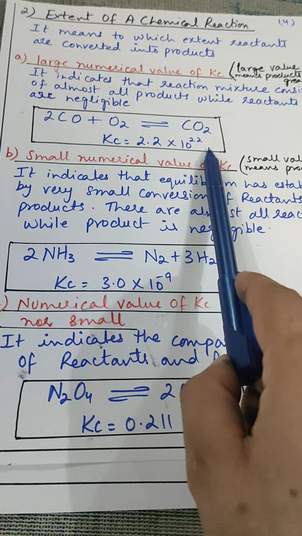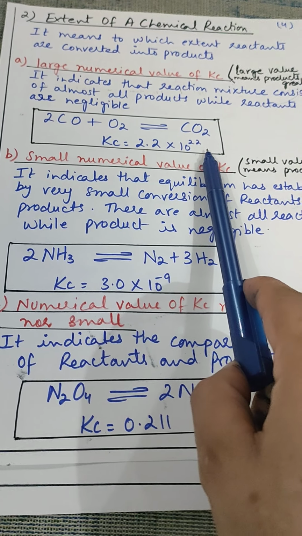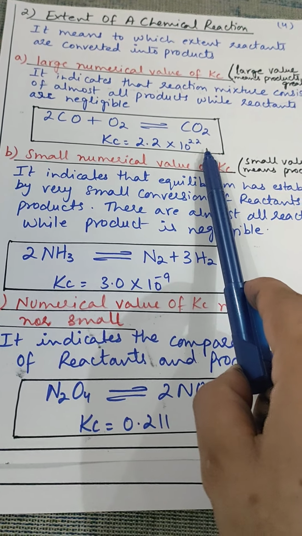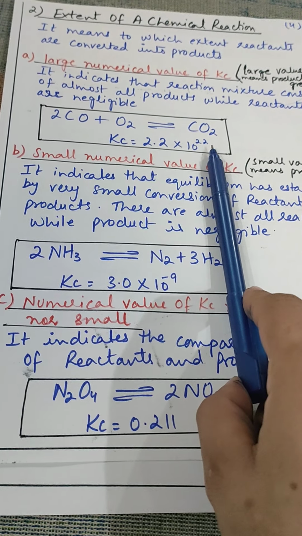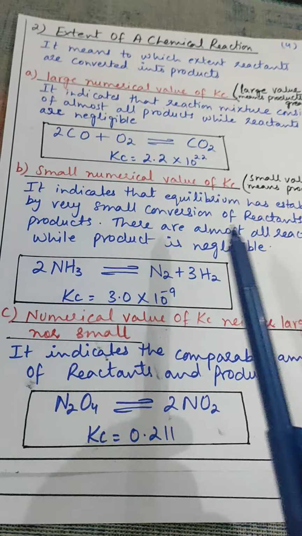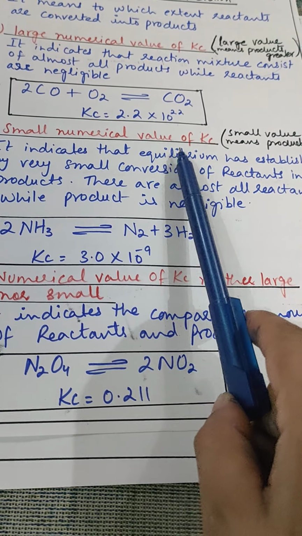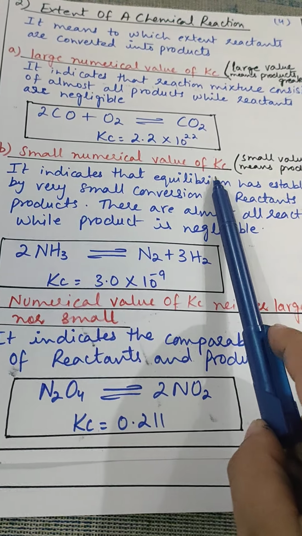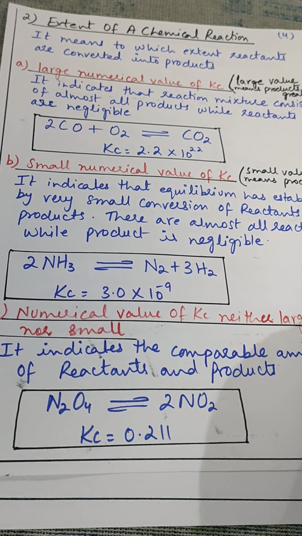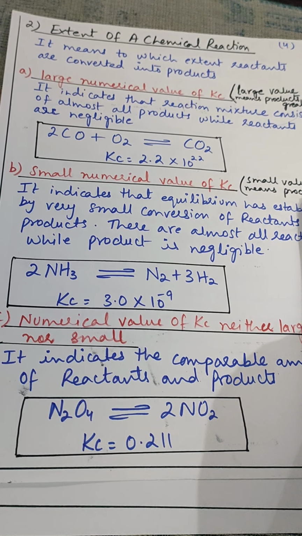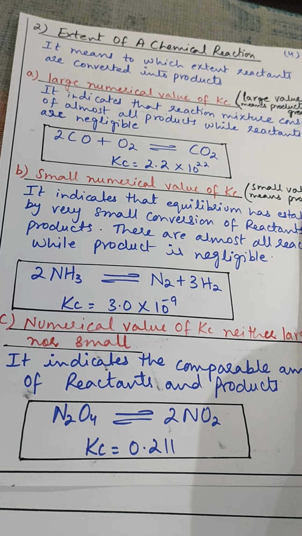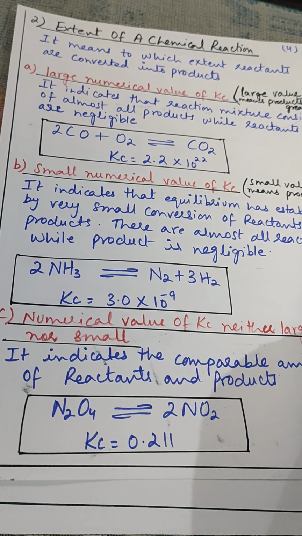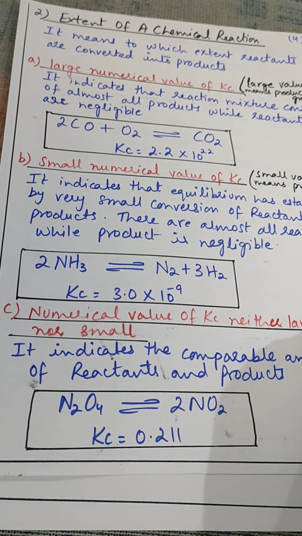This is a large numerical value of Kc, which indicates that there is a majority of products while the reactants are negligible. The second possibility, if there is a small numerical value of Kc, shows that products are less, meaning the reaction started and the generation of product also started over here. That's why the amount of products is less.